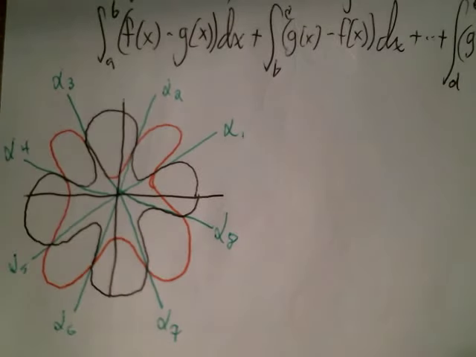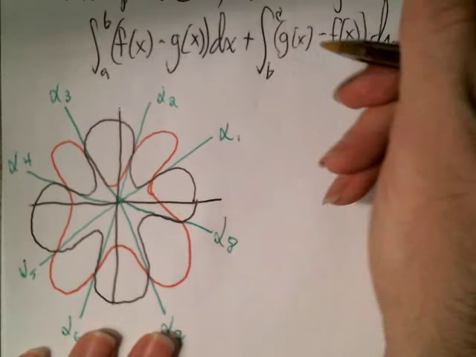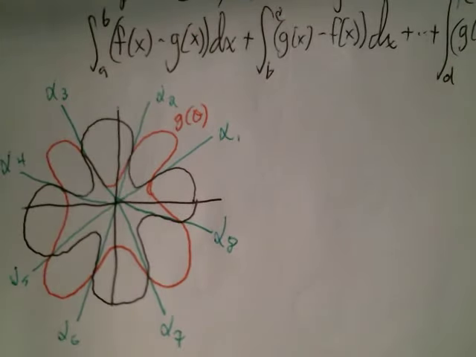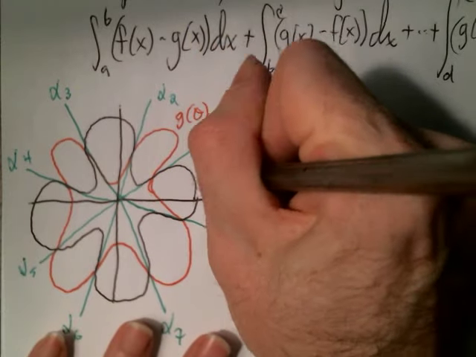And then again, the red curve, let's make it the one above, is g of theta, and the black curve will be f of theta.